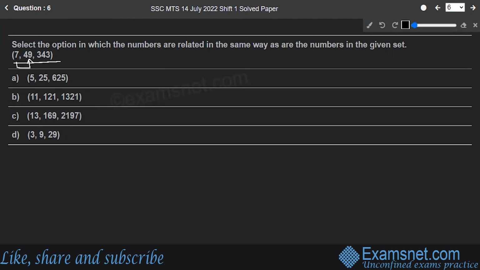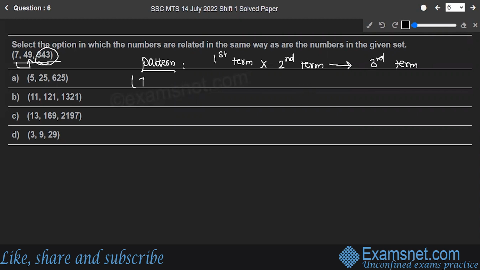Notice one thing. The first term multiplied by the second term gives you the third term. Here the pattern is first term multiplied by second term gives you the third term, right?